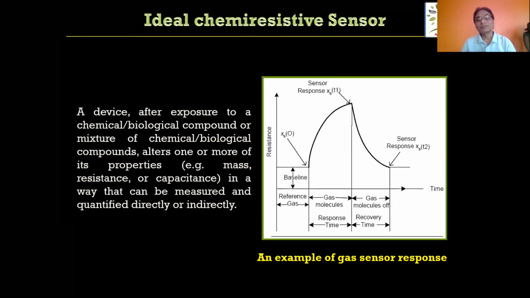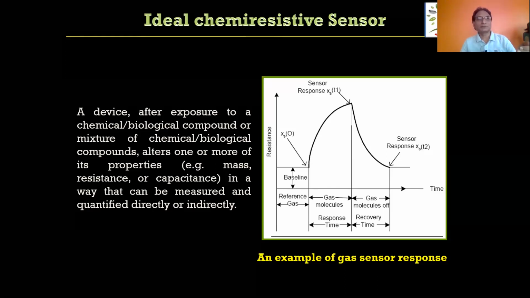So whenever those chemicals, those gas analytes, meet your material, the material which you select for the development of the sensor, what will happen? The resistance of that material is going to be modulated. What does it mean?